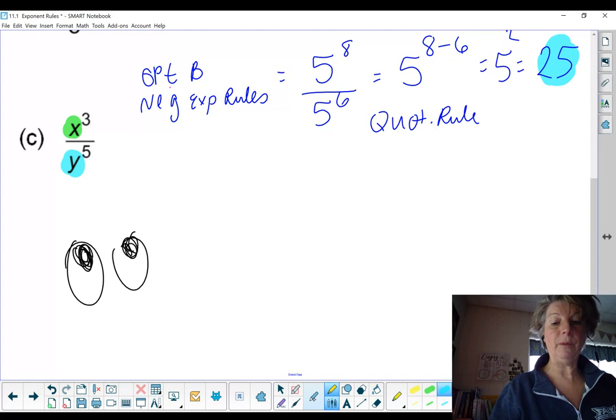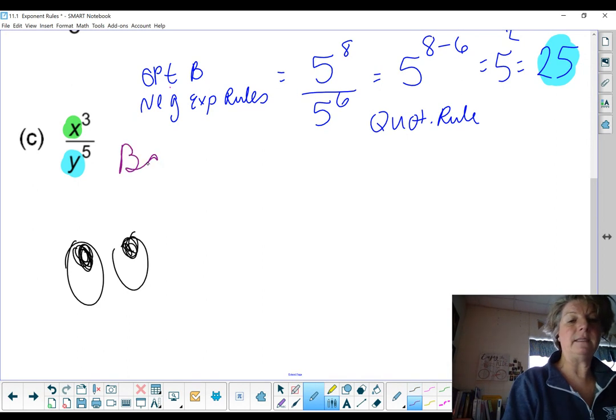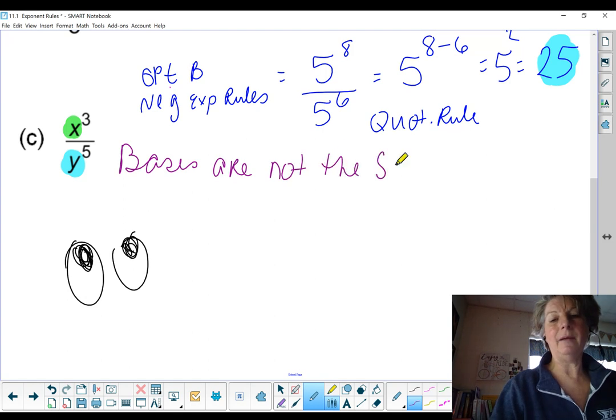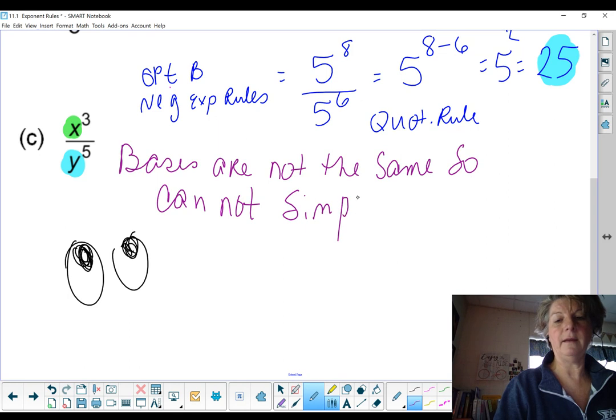So the answer is what we see, x to the third over y to the fifth. Kind of a nice one to finish with. Bases are not the same. I encourage you to write this: bases are not the same, so cannot be simplified. This would be my answer.